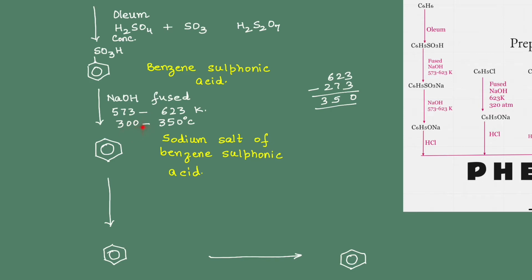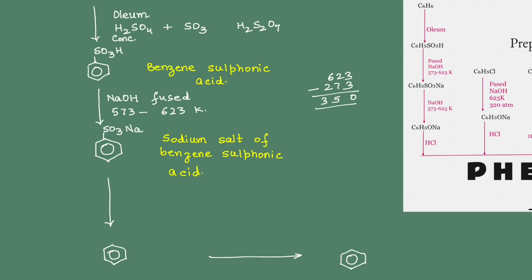So what we've got over here is you can either write the temperature in Kelvin or in degrees Celsius. Some of the curriculums follow temperature in Kelvin. The others prefer to write it in degrees Celsius. Both are fine, or whichever you can learn and recall better. Now after fusing with sodium hydroxide, the sulfonic acid will get converted into the sodium salt.